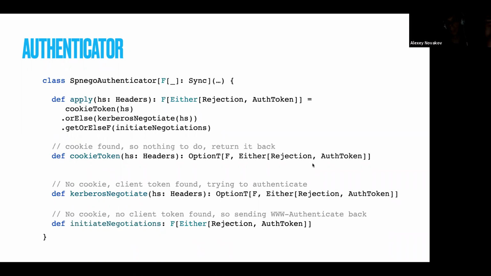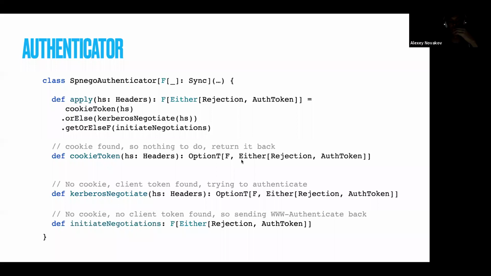That means the user sends the same auth request a second time for some reason. So we just return the cookie back, and we derive from the cookie this auth token type, and we give it back to the routes that the user of the middleware is using right now. So that means the cookie is found, so we do nothing and return it back.